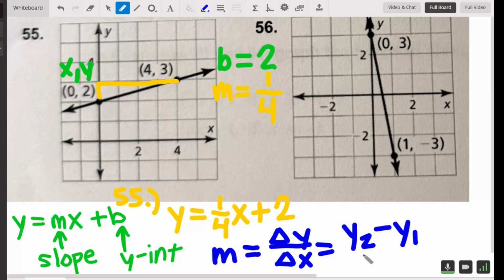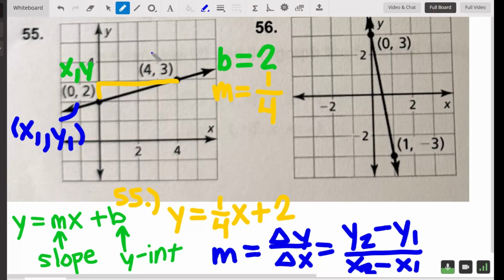That difference, y2 minus y1, over x2 minus x1, the difference of the x coordinates. Well, where do I get those? Well, I can get those from these coordinates here that they happen to point out, 0, 2 and 4, 3. So let's just call 0, 2 x1, y1. And let's call 4, 3 x2, y2.